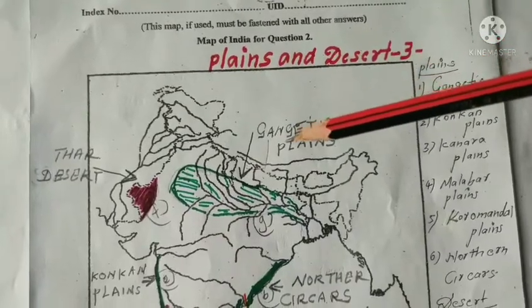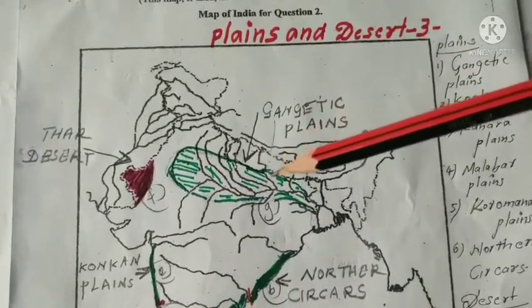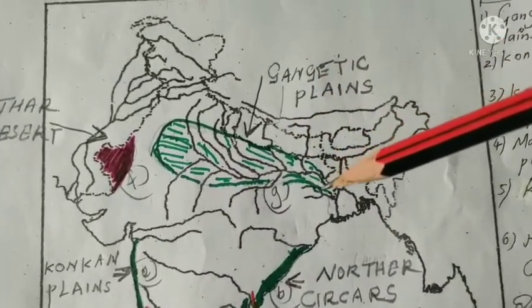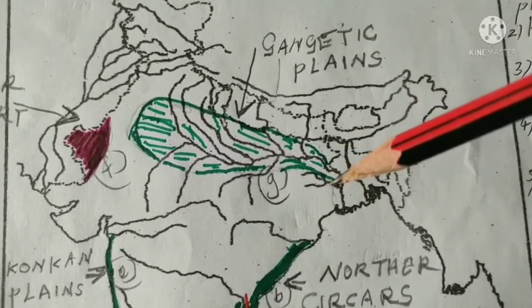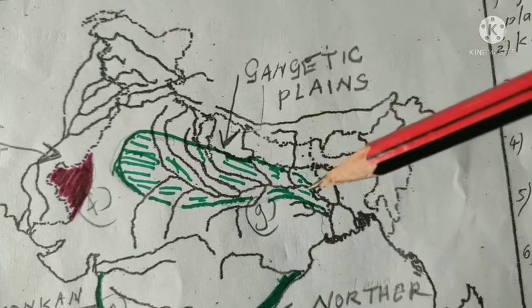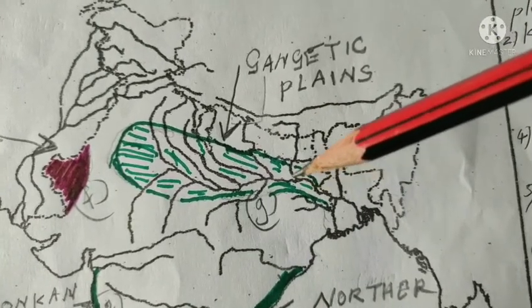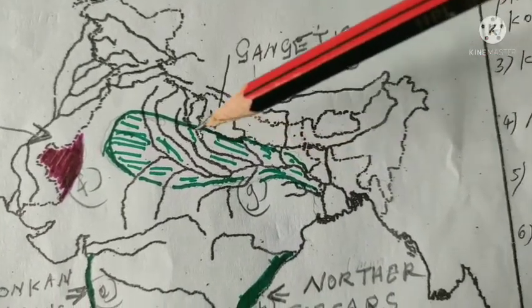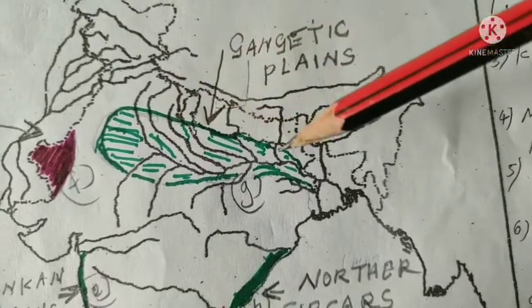Today I am going to explain about the plains and the desert. The first is the Gangetic Plains, which is situated in the north of the country. So here you can see how to draw the Gangetic Plains. This is the Nepal border.